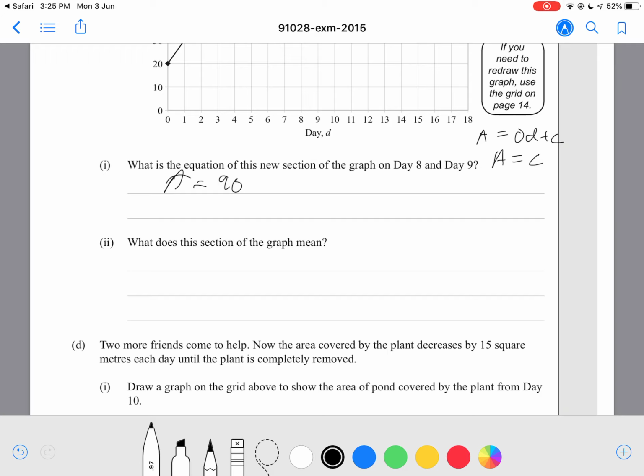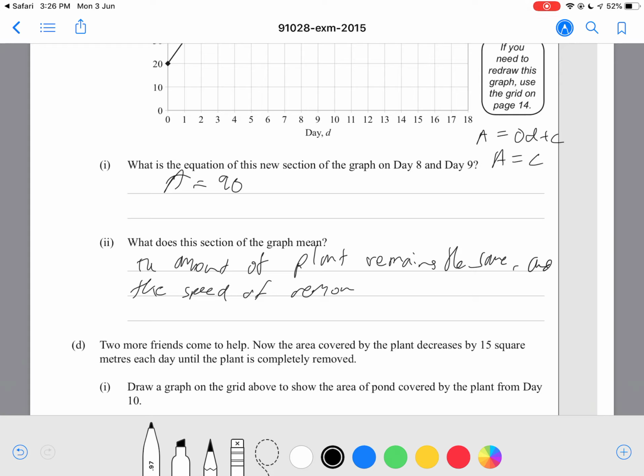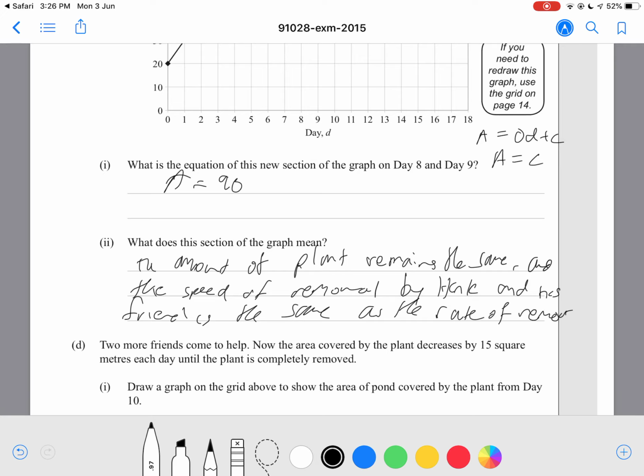So to answer this question, we're going to say the amount of plant remains the same, and the speed of removal by Hank and his friend is the same as the rate of growth.